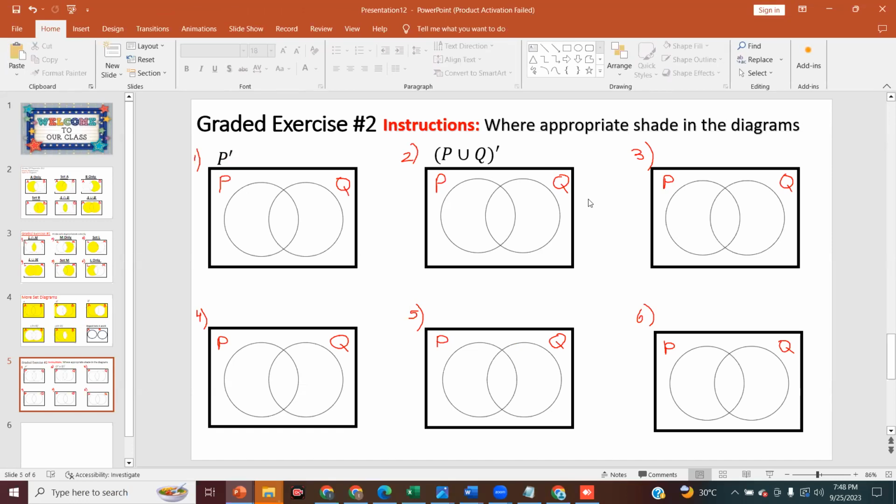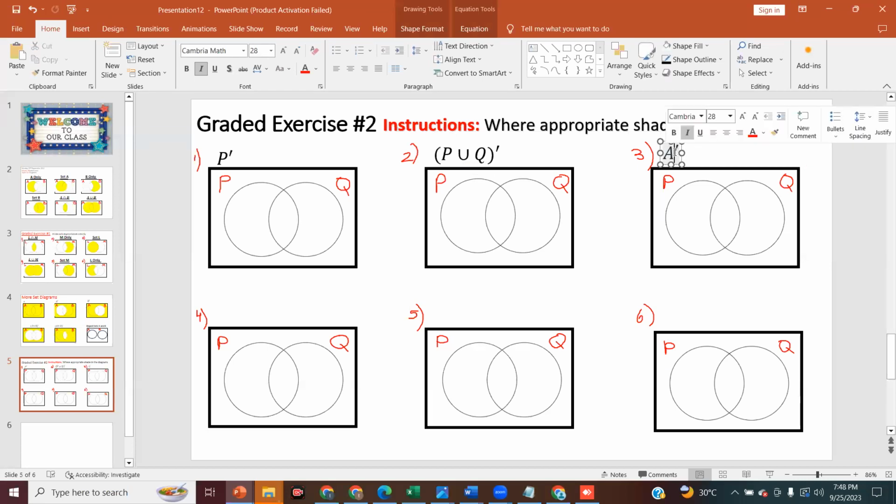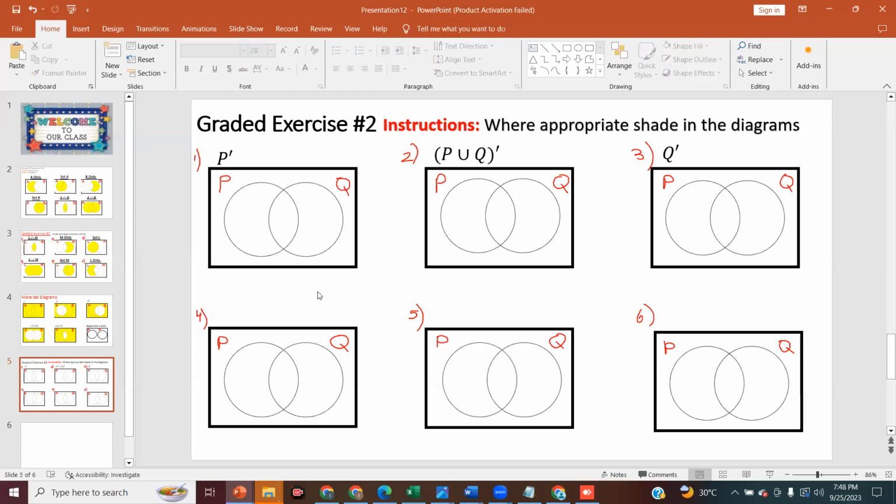For the third one, I want you to shade in Q complement. What is Q complement?